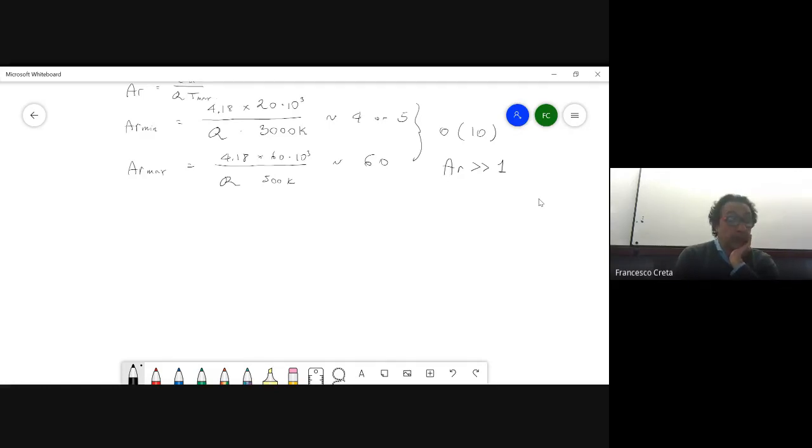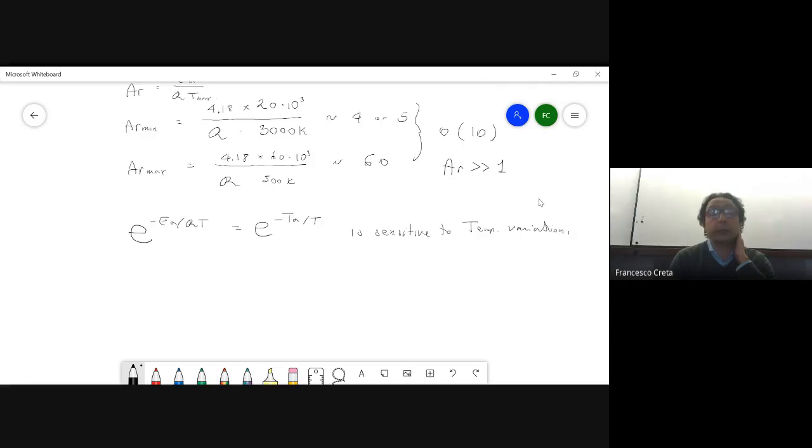It means essentially that the exponential, which we can write as this number here, is very large, so that also means that TA is very large. It means that this factor here is very sensitive to variations in temperature.